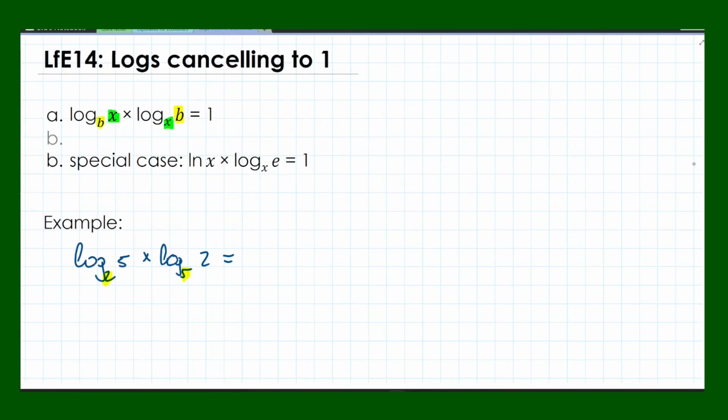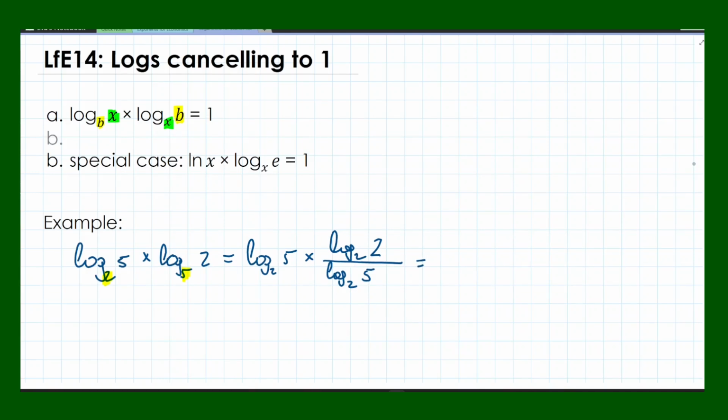And for that, I'm going to use the change of base rule that we learned in video 12. I'm going to leave log base 2 of 5 unchanged. But now I'm going to rewrite log base 5 of 2 as log base 2 over log base 2. And then what goes at the top? The old argument. And at the bottom goes the old base.